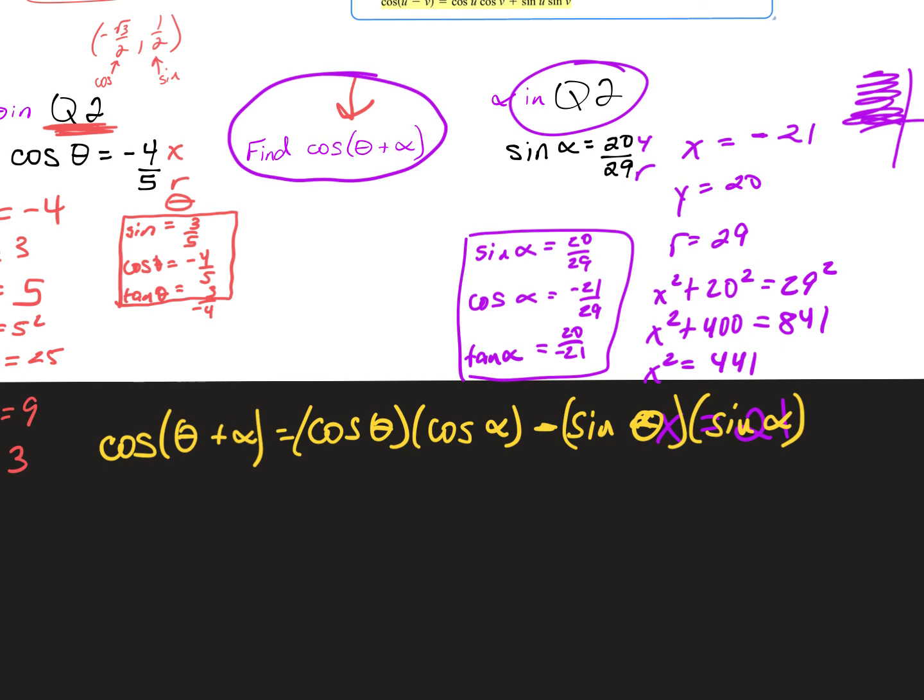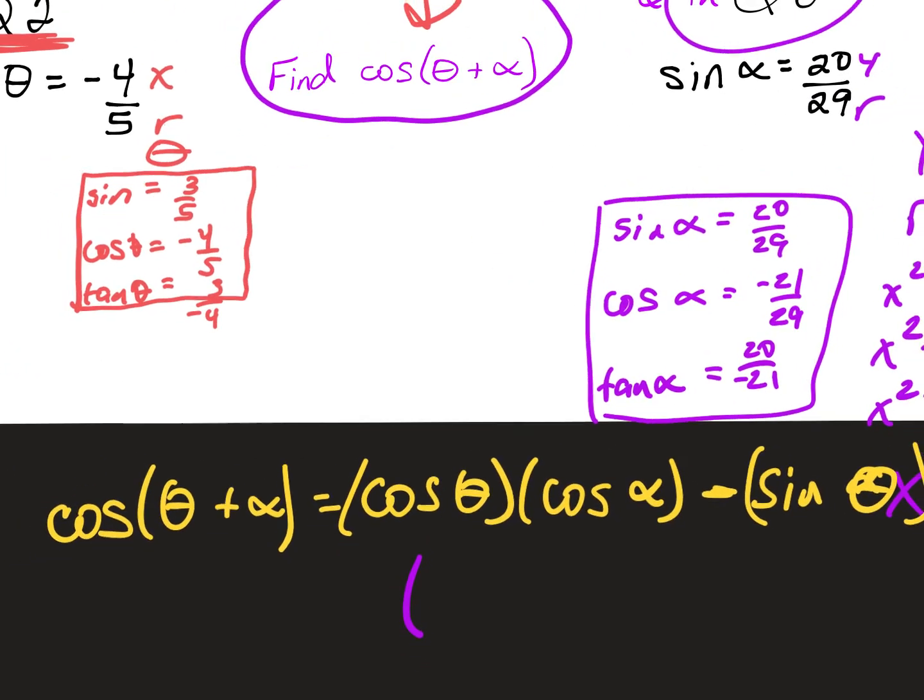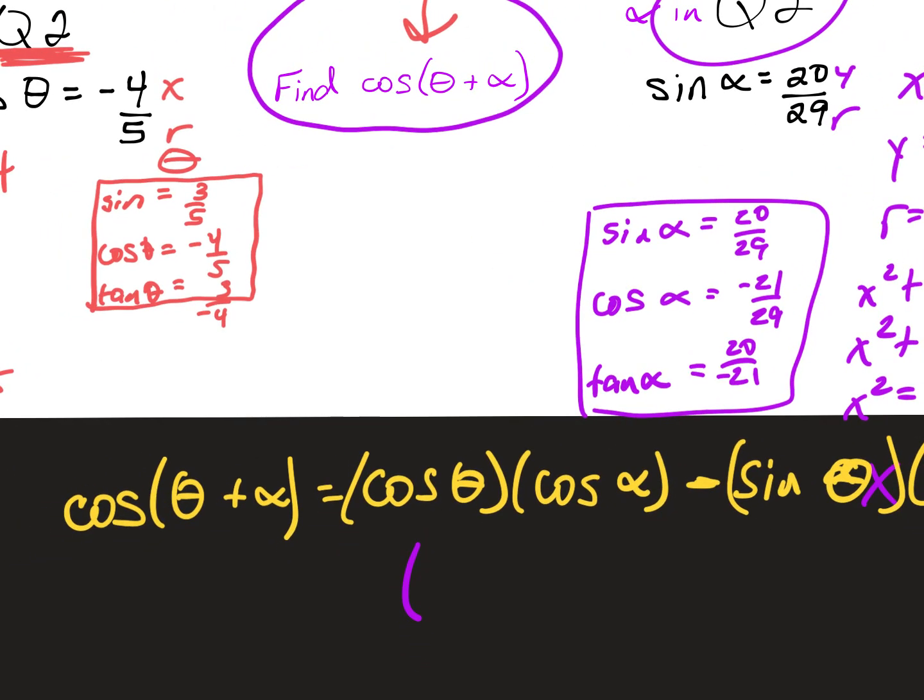So what is the cosine of theta? It's written down in the red box. What's the cosine of theta? Right there, guys. Negative 4 over 5. What is the cosine of alpha? Negative 21 over 29.